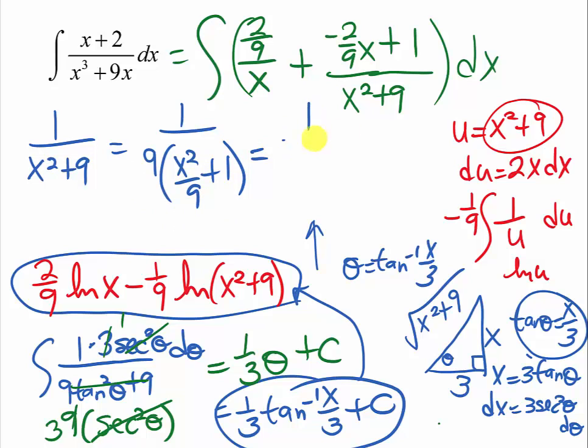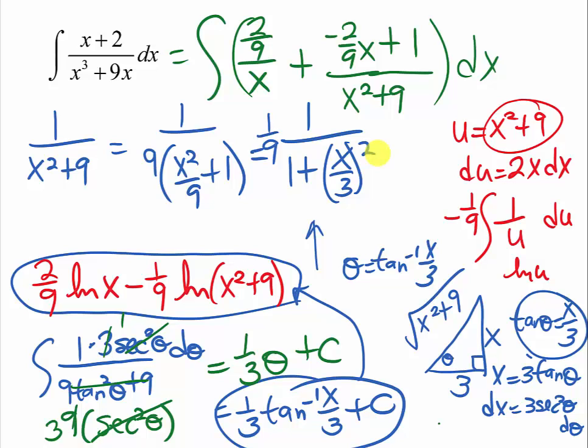Well, thinking of inverse tangent, if I have 1 plus, now we still have this 1/9 here. Alright, so I can express this as x over 3 squared, and then I could recognize it as an inverse tangent of x over 3.